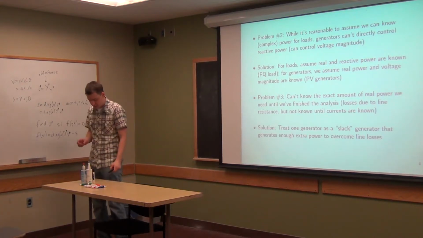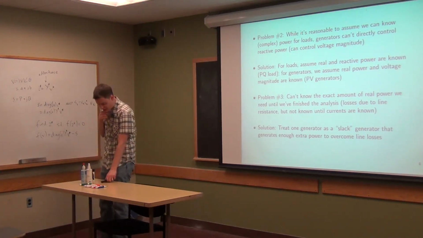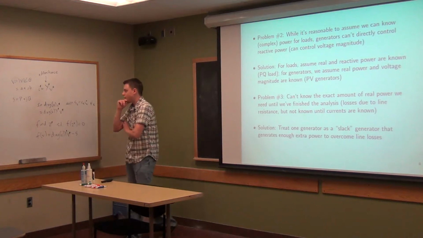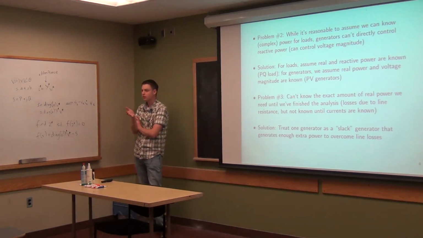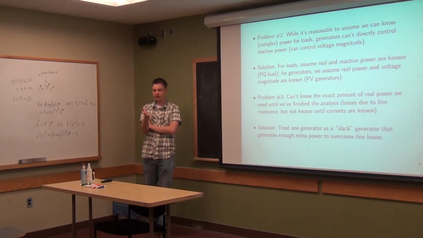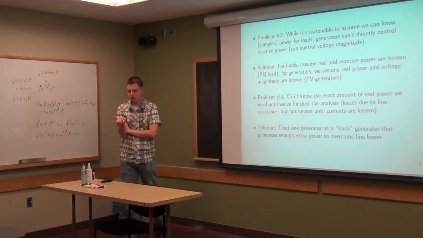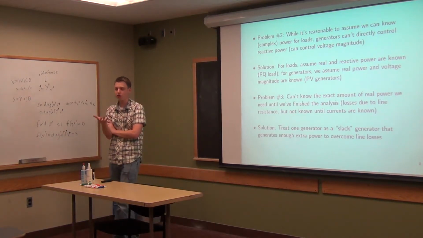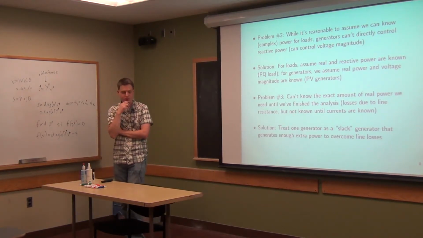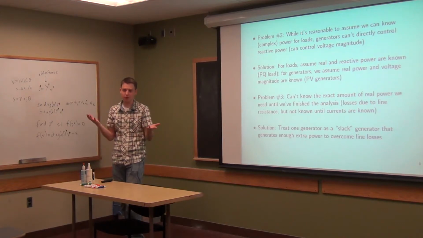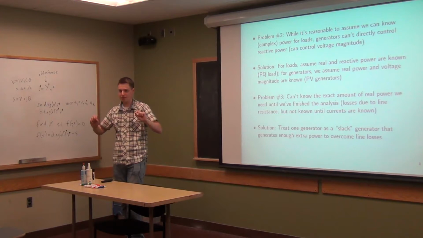All right. The second problem is that we don't actually know even real power in total. We don't really know what each generator produces or each load consumes. I guess we know what the loads consume, but when you actually solve power flow, you will find that current flows through the network a certain way.